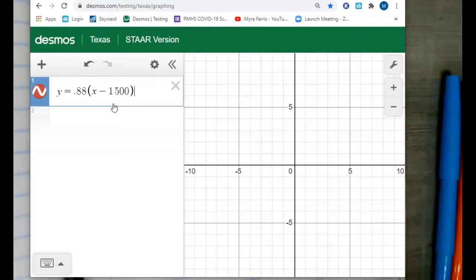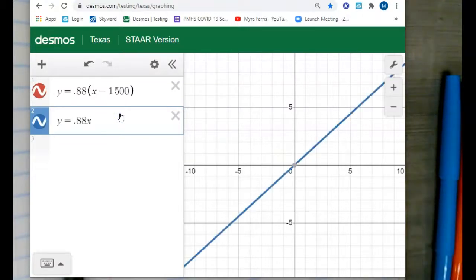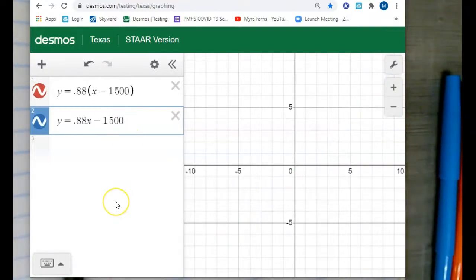Did I get the decimal in the right place? Did I type the first equation correctly? My second equation was minus 1500. Are those my two equations? Did I get them typed in there right?